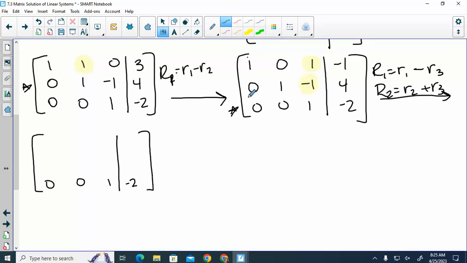So 1 minus 0, still 1. 0 minus 0, 0. 1 minus 1, 0. Negative 1 minus negative 2, 1. Second row: 0 plus 0, 0. 1 plus 0. Negative 1 plus 1. And 4 plus negative 2. So we get x equals 1, y equals 2, z equals negative 2.